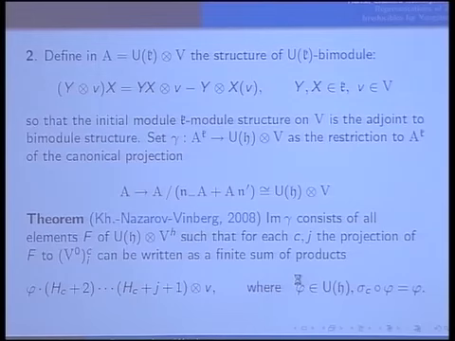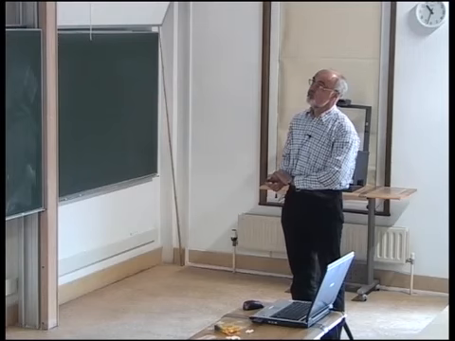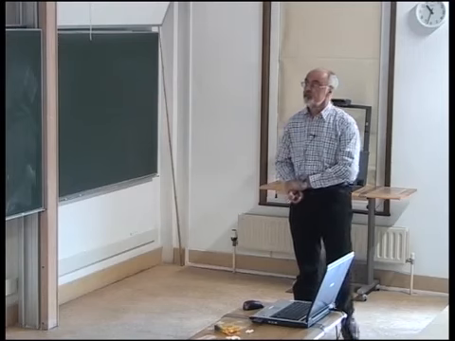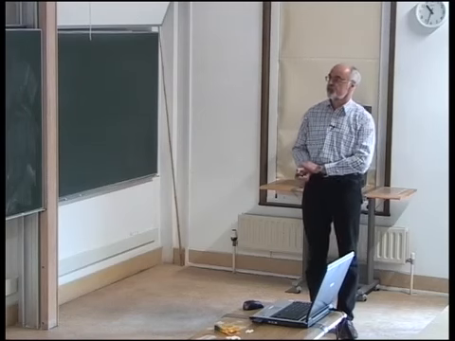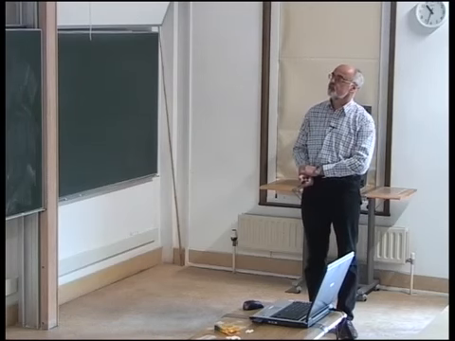Once we have the tensor product and V is a module, we can equip this tensor product with the structure of a bimodule by this formula, so that the adjoint action coincides with the initial action of U(g) on V as a K-module.